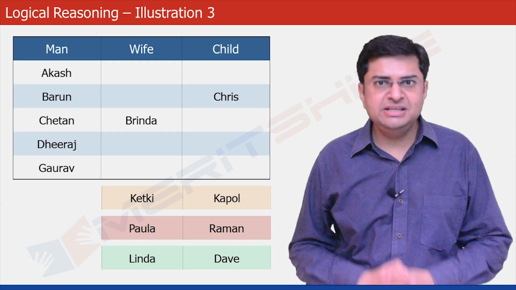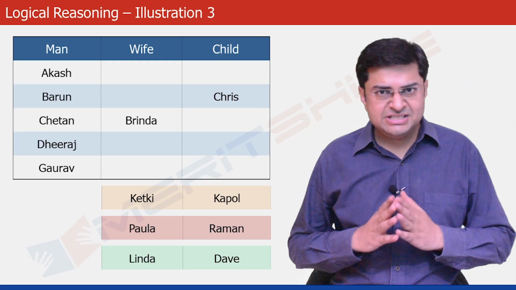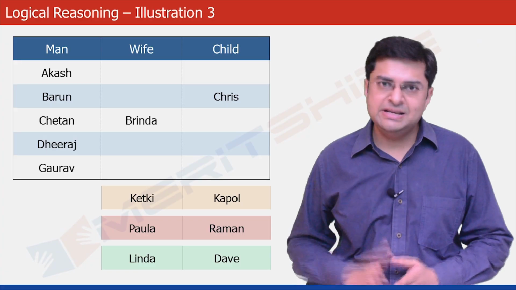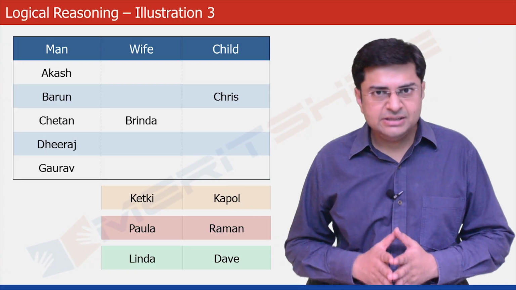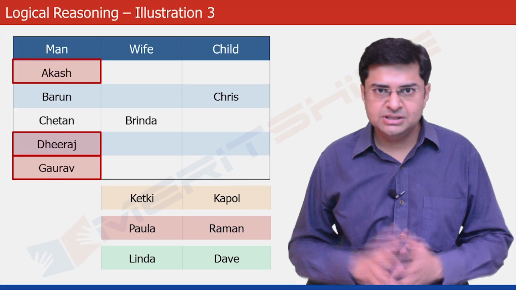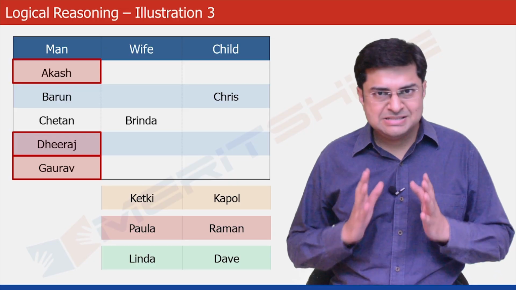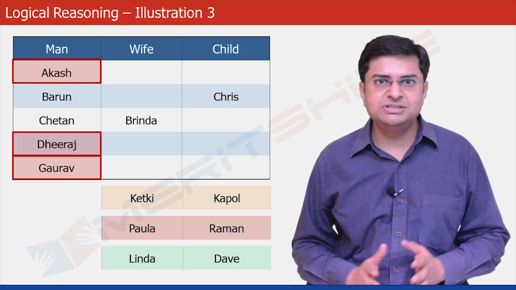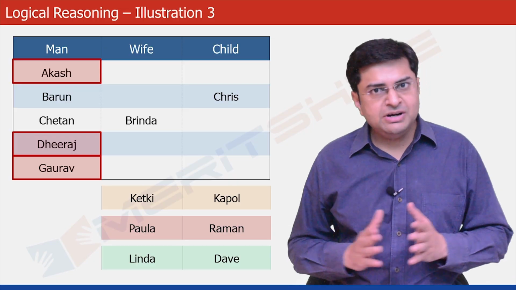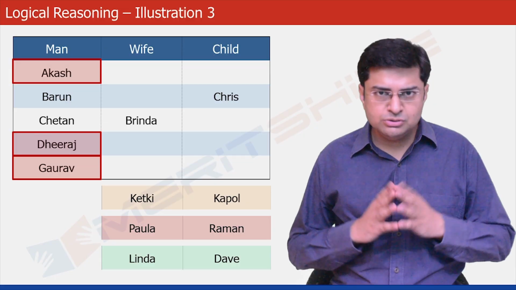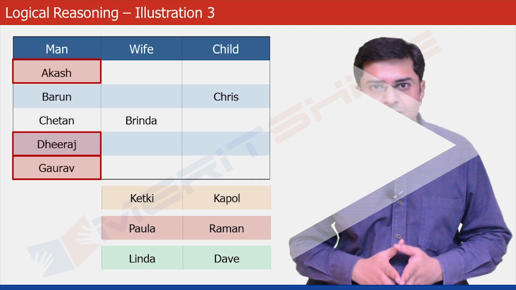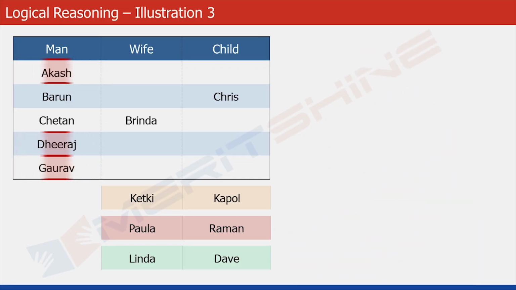Once we are done with making these 3 blocks of data, we just need to plug them in at the right place in the table. As we can see here, there are 3 persons: Akash, Dheeraj and Gaurav, beside whose names these 3 blocks need to be adjusted. Which one goes where is something for which we'll use the other statements given in the question. Let's look at statement 1.